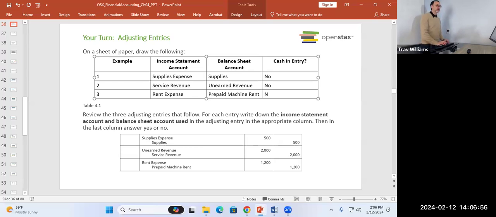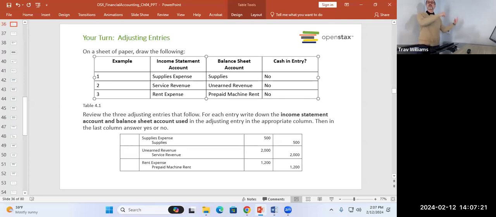The way you would know that there was cash in the transaction is one of the accounts would be cash. Cash would be getting either a debit or a credit. And we don't see cash listed in any of these three transactions, right? So with these adjusting entries, there was no cash in that transaction.